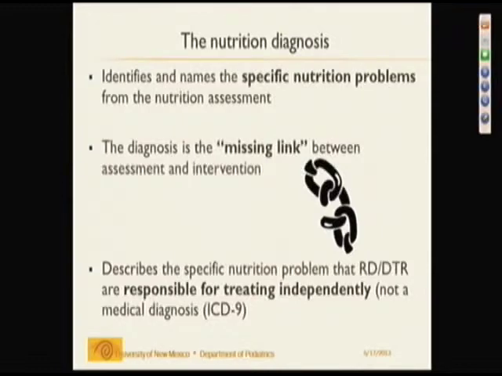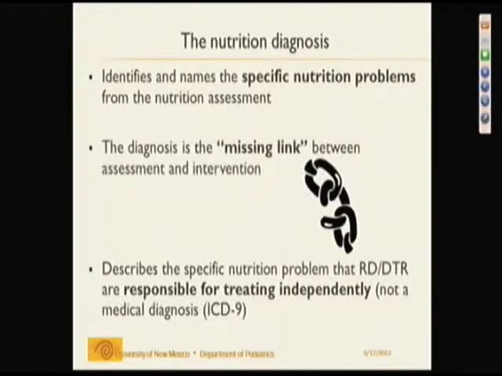So it's not the same thing as a medical diagnosis, which is an ICD-9 or ICD-10 code. Those are sometimes used to refer patients to us so that we know what issues potentially we'd be billing under on an encounter form, but it's not specifically something that we are going to treat. In other words, we can manage diabetes, but we aren't going to make it go away.